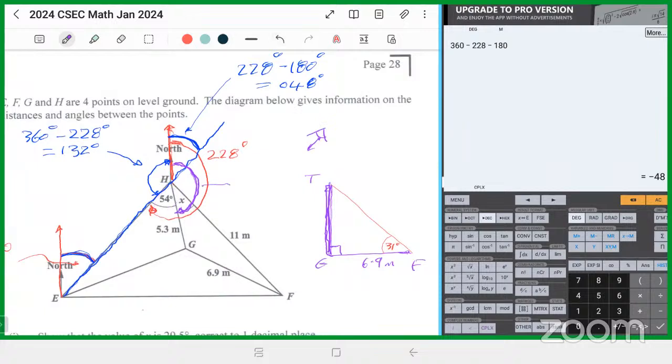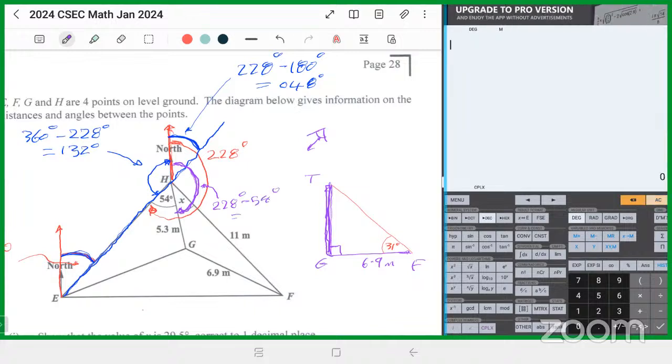So let's mark it here. This angle that I want now is 228 minus the 54. Let's put it like this. 228 degrees minus 54 degrees.